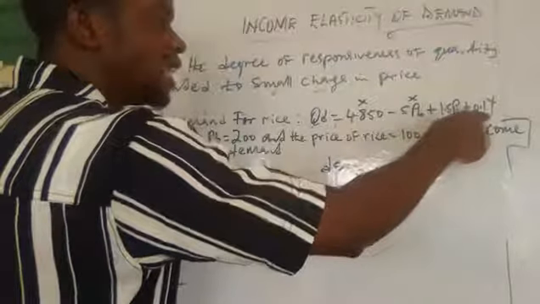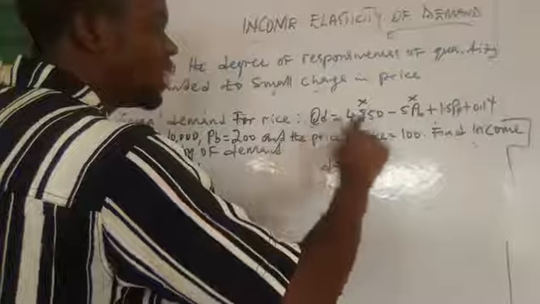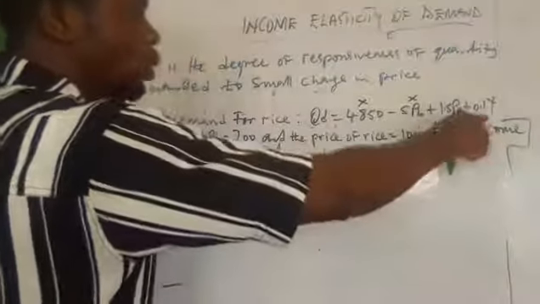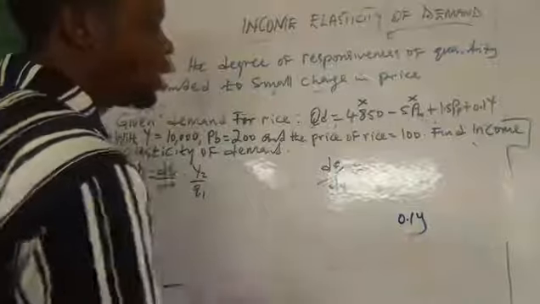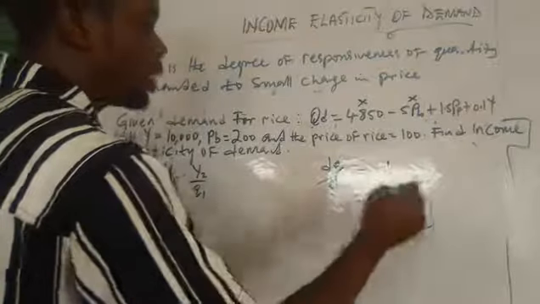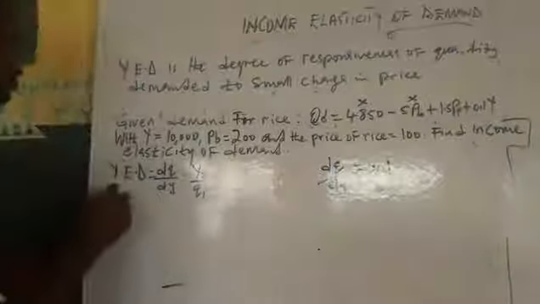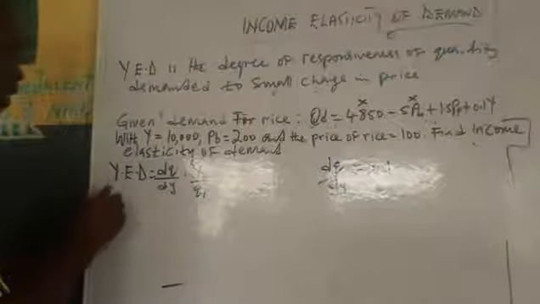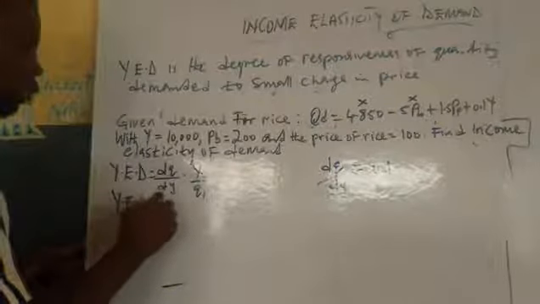We only want to see how income has affected the quantity demanded. So we only differentiate this QD with respect to income alone. If you differentiate 0.1y, it is going to give you 0.1, using our power function. Having gotten this answer, we can simply say that our income elasticity of demand for this one is going to be 0.1.